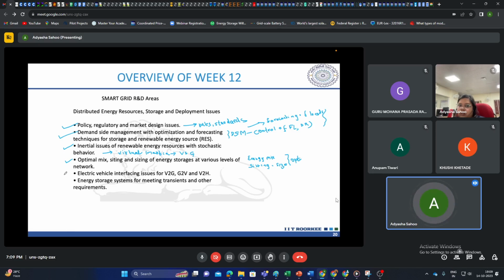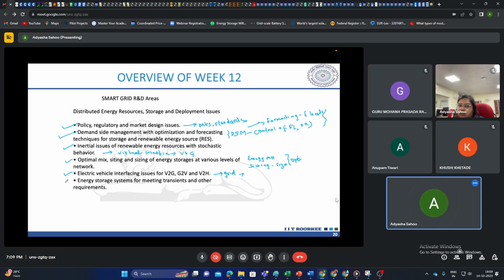Then electric vehicle interfacing issues. So we need standards for vehicle to grid operation and grid to vehicle operation, because their uncoordinated operation will hamper the grid, because whenever they are large in number and simultaneously charging, it will threaten the operation of the grid.